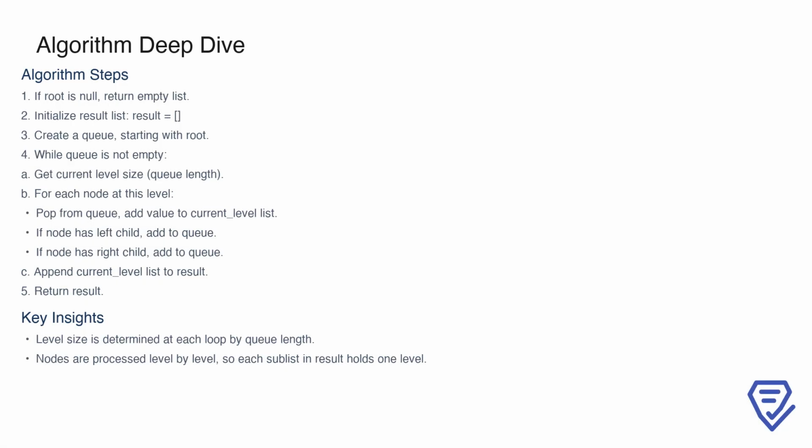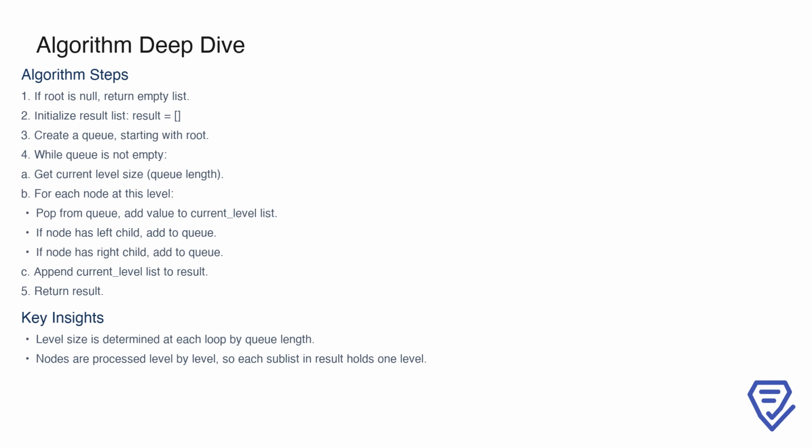Let's take a closer look at the algorithm used for LeetCode problem number 102. First, we check if the root node exists. If not, we return an empty list since the tree is empty. Next, we prepare an empty result list to store our answer, and we set up a queue with the root node to begin our level order traversal. The main loop continues as long as there are nodes in the queue.